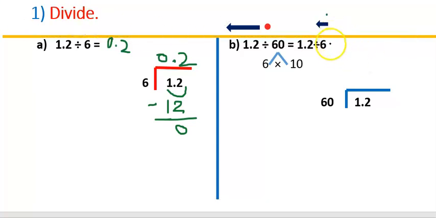And then divided by 10. So 1.2 divided by 6 divided by 10.